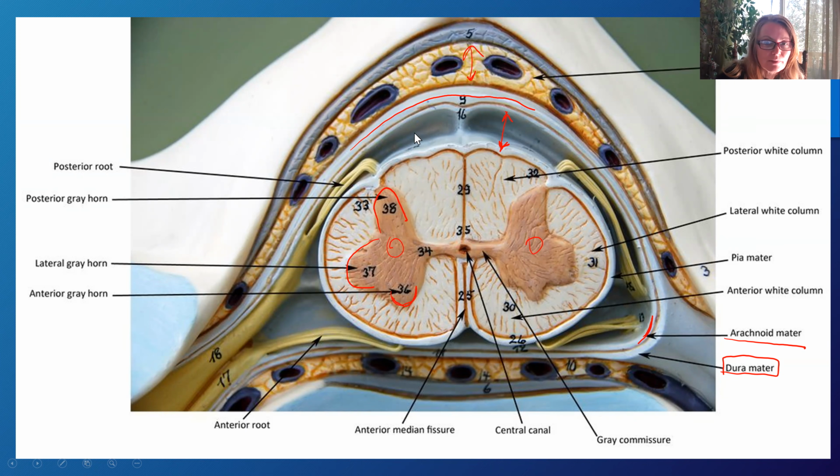I don't see it, but this subarachnoid space is where you will find cerebrospinal fluid. And then this blue line that covers the spinal cord itself is the pia mater. Those are the meninges, connective tissue coverings that protect our brain. You can see them pretty well on this diagram, but we will discuss it in a minute.